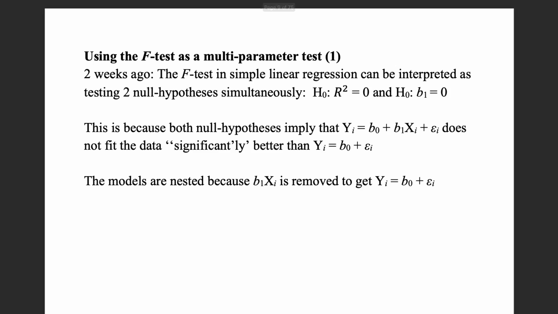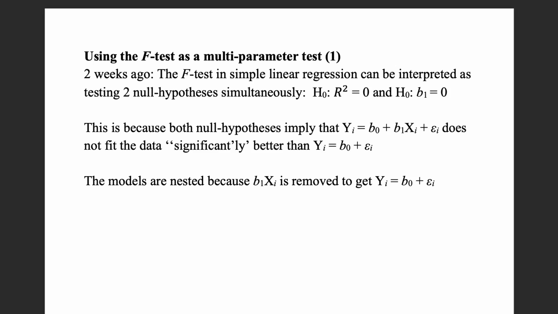And these are nested models if you think about it, right? Because you can get from your simple linear regression model to the model where you're just using the mean as prediction by taking out the b1x term of your regression model. So by taking out b1x, you get your very simple model of just using the mean to predict your outcome variable. yi equals b0 plus b1xi plus an error term.